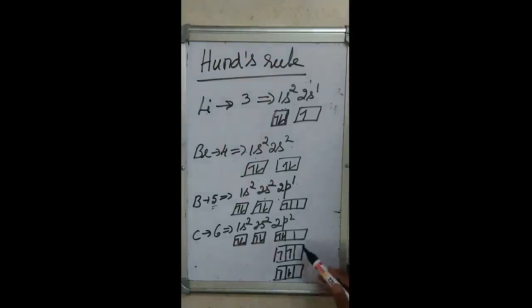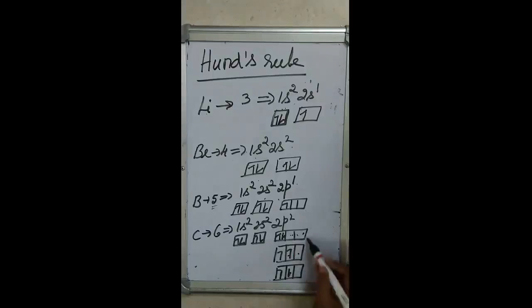Now here Hund's rule explains that no pairing of electrons takes place. You can't pair the electrons until all the orbitals are filled singly with the parallel spin.